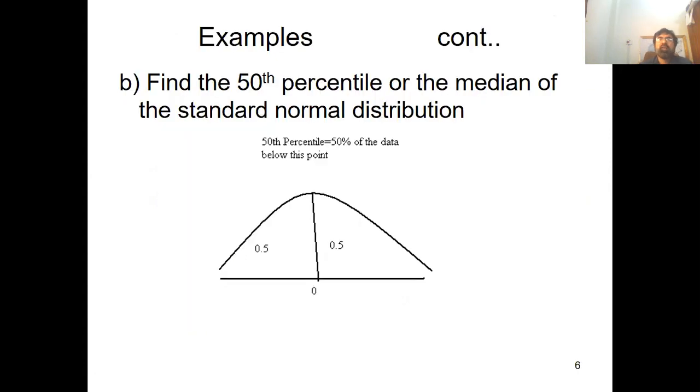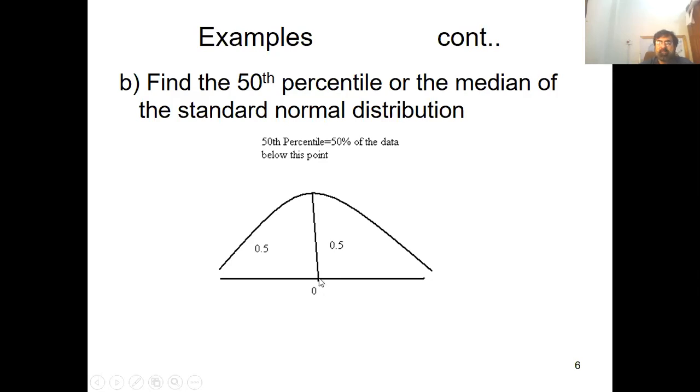Let's move on. Find the 50th percentile, or the median, of the standard normal distribution. The 50th percentile locates just at the mid of this curve. And here the z-score is 0.